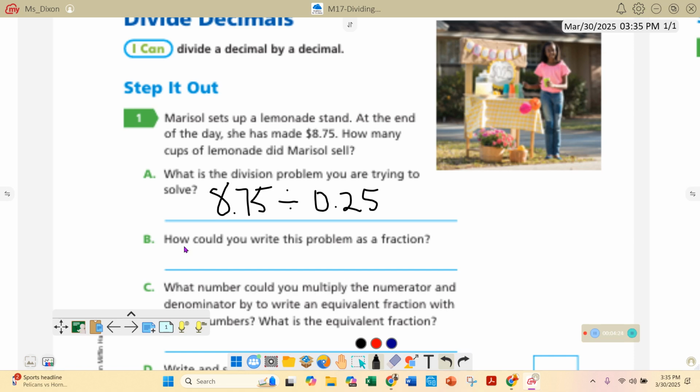So how would we write this problem as if it were a fraction? We want to put our dividend in the numerator position, the top number, and our divisor as the denominator, the bottom number. So that would end up being 8.75 over 0.25.